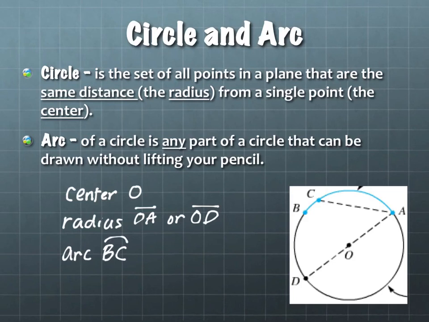Arcs are drawn like a curved segment on the top, arc BC. We have the arc CA. We have the arc AD. And I'm going to put etc. because we're going to talk a little bit more about ways that we get arcs next. But those are three of the arcs in our circle.